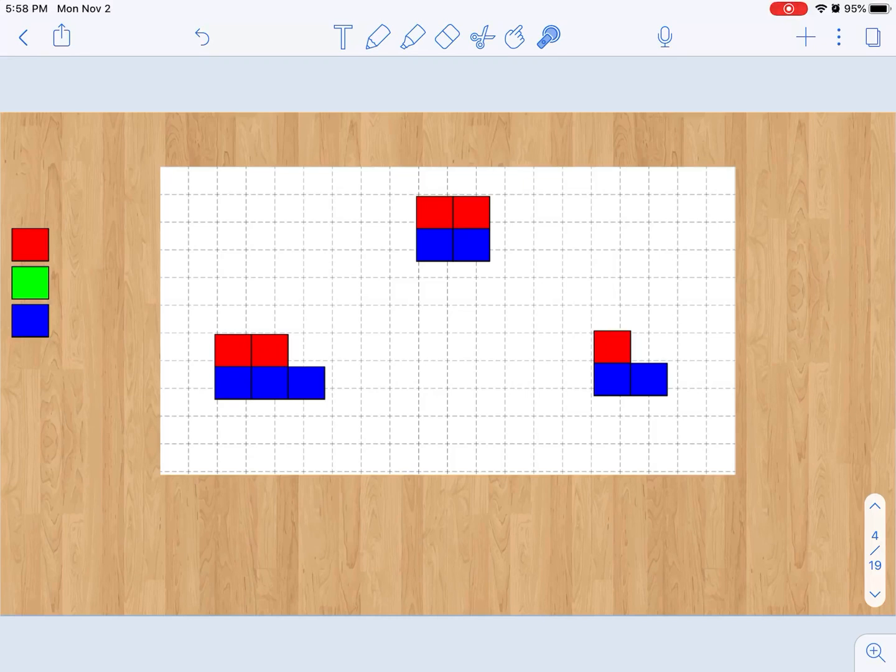What is an equation that could be used to tell how many tiles there are in the top row and how many tiles there are in the bottom row? If you said 2 plus 2 equals 4, you are correct.